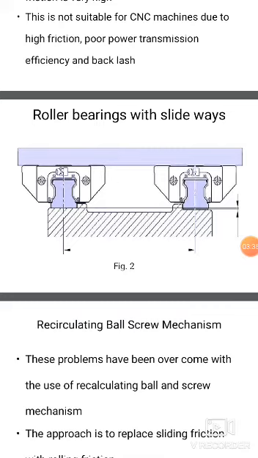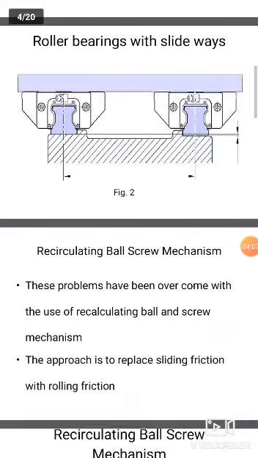The relative motion of the races causes the rolling elements to roll with very little rolling resistance and little sliding motion. Two rollers are kept, and between them slideways are there to move the rollers to transfer this load from this end to that end.